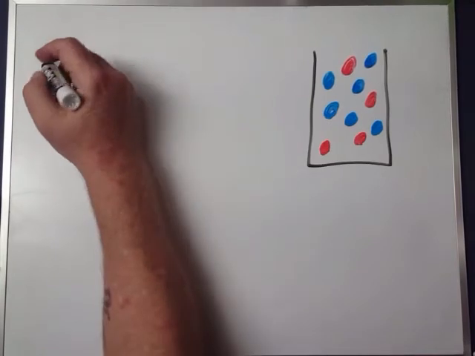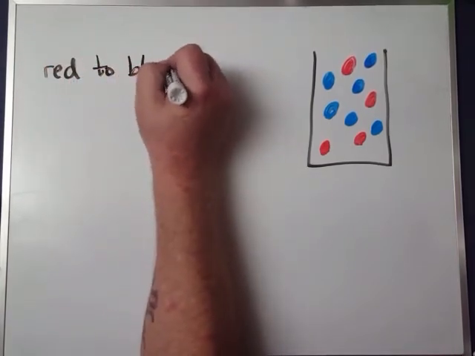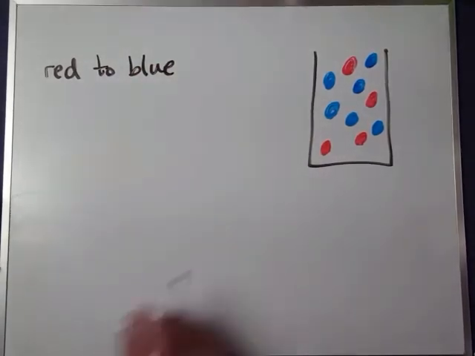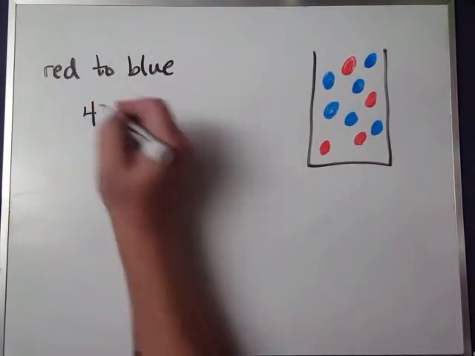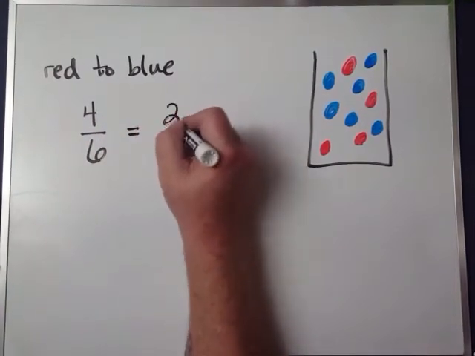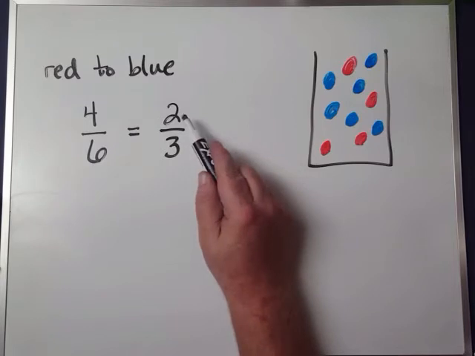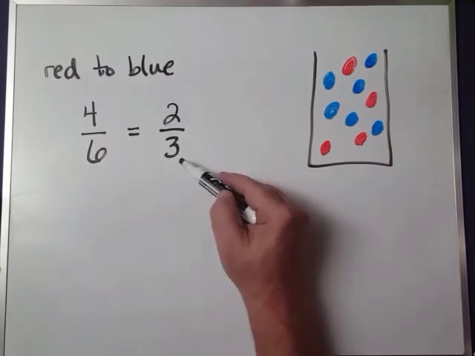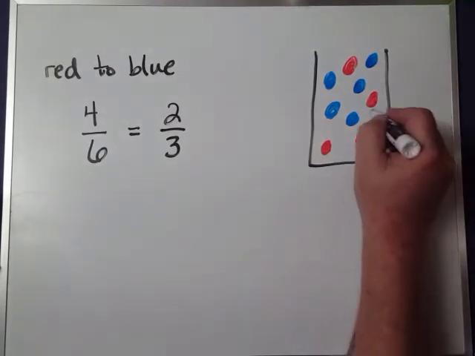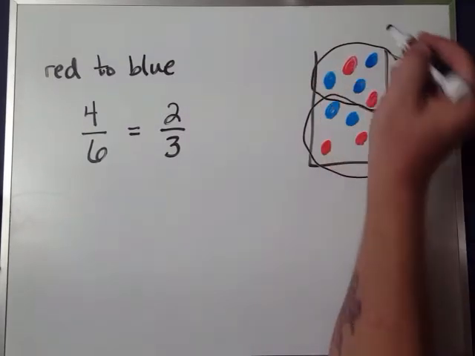Then the ratio of red to blue marbles, 4 red to 6 blue, which I could reduce to the ratio 2 to 3. In other words, for every 2 red marbles in this jar, there are 3 blue ones.